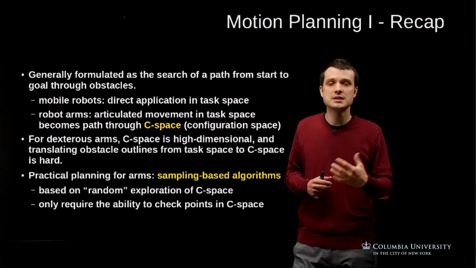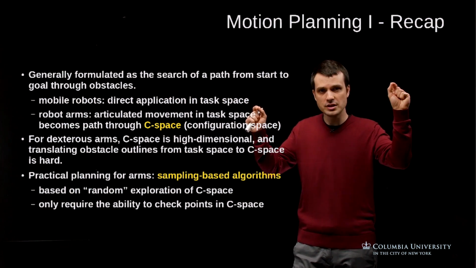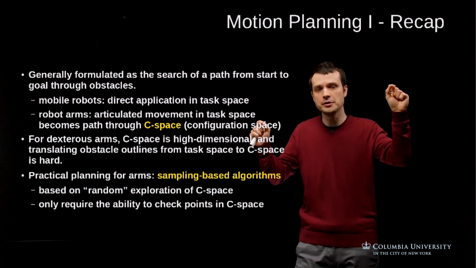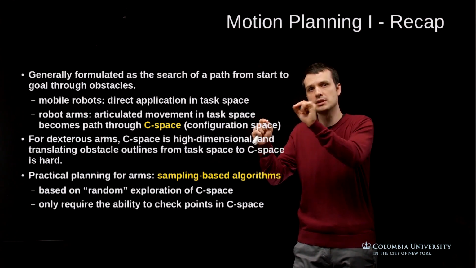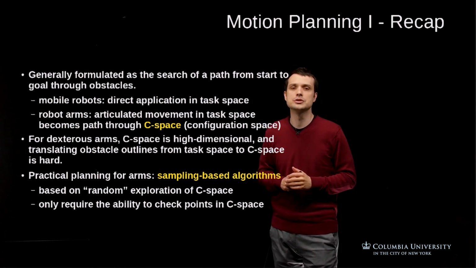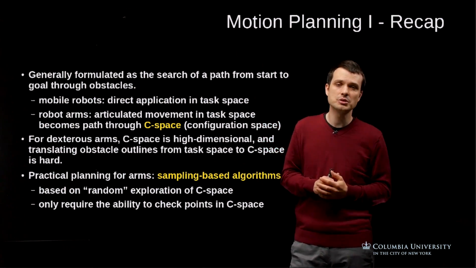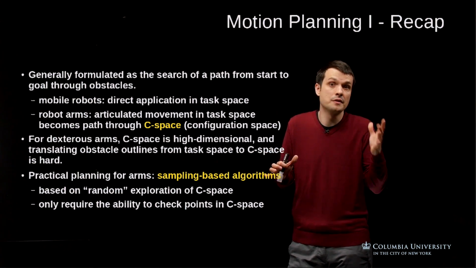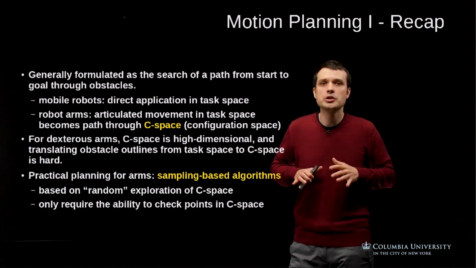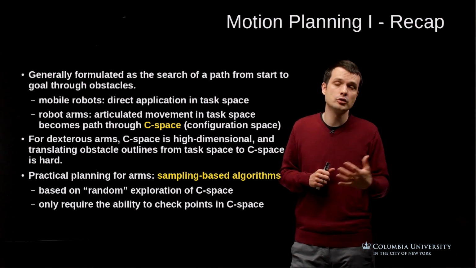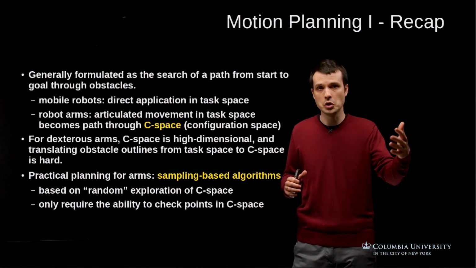And if you have this ability, then even if you have 2 points in configuration space, you can also check if the line between them is valid or not by sampling many points along that line and checking if each of those individual points is in collision or not. So sampling-based motion planning algorithms use this ability to sample random points and just say, are these points in collision or not, and use them for a random exploration of the configuration space, which eventually ends up connecting your start to your goal.